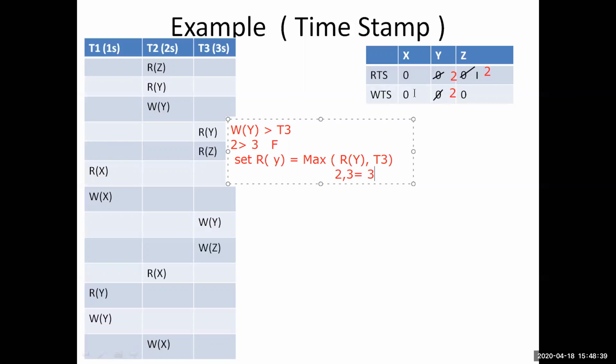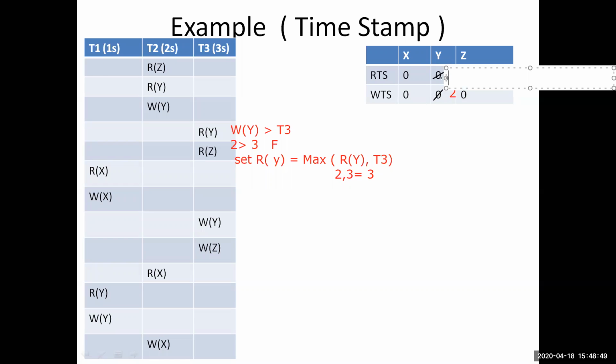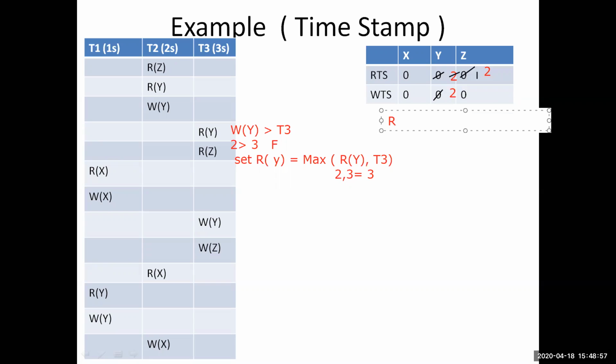So read of Y, which was 2, will get set to 3. This 2 is gone, and I'll write read of Y as 3.